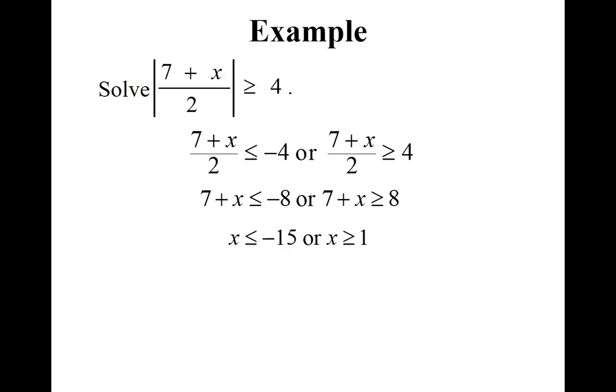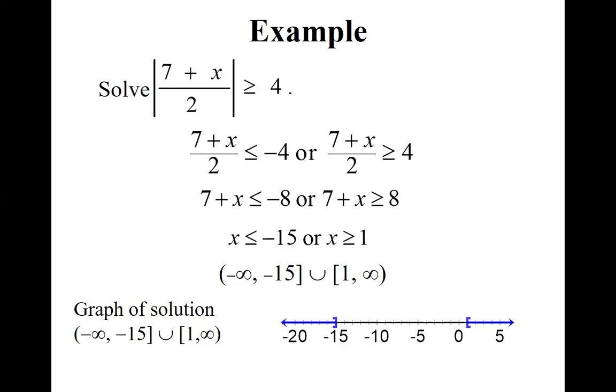Again, this is 2 separate intervals, but we need them both to be a part of the answer. So our first interval is from negative infinity to negative 15. Our second interval is from 1 to infinity. We connect that with the union symbol. And what does this look like as a graph?